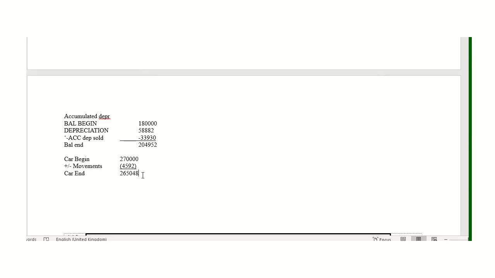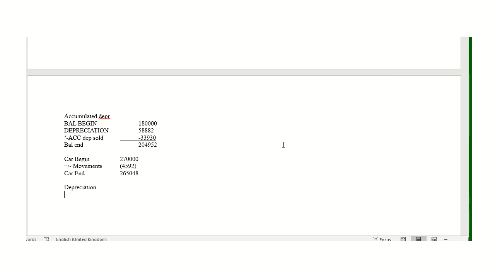Or in this case, we haven't got enough information, but the norm would be to calculate the accumulated depreciation or the depreciation. Let's just do it as far as we can, because this would normally be what you need to do.